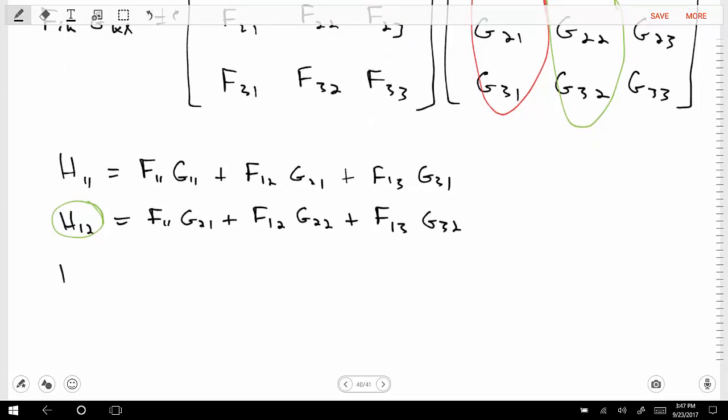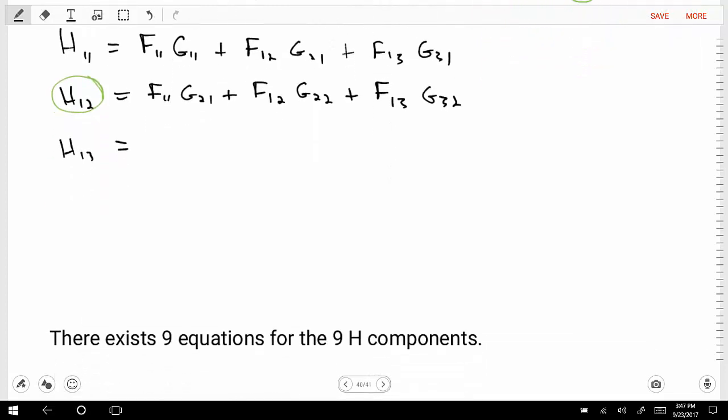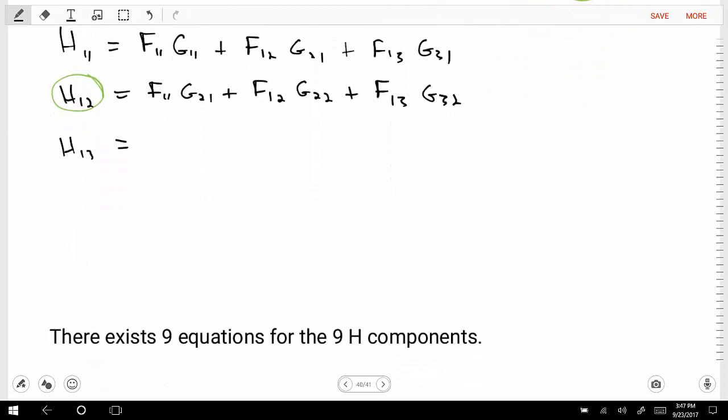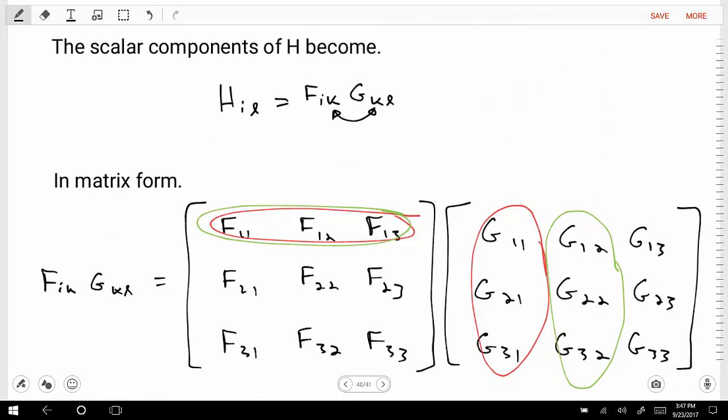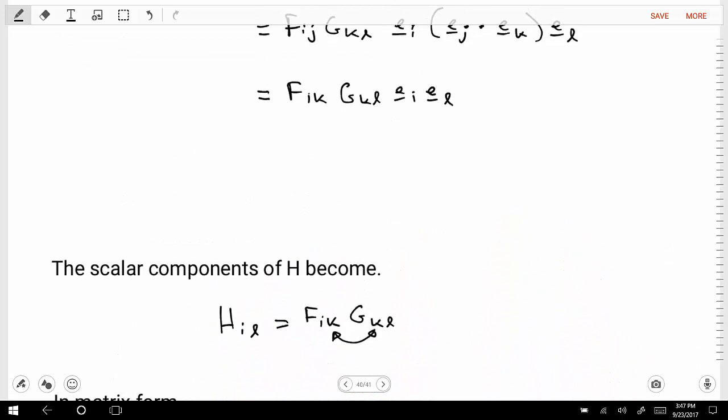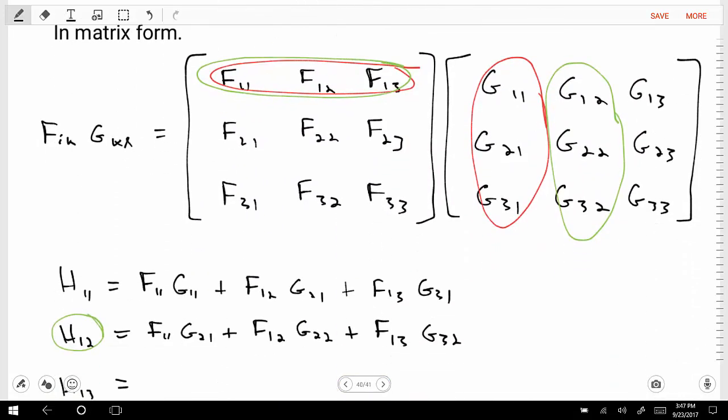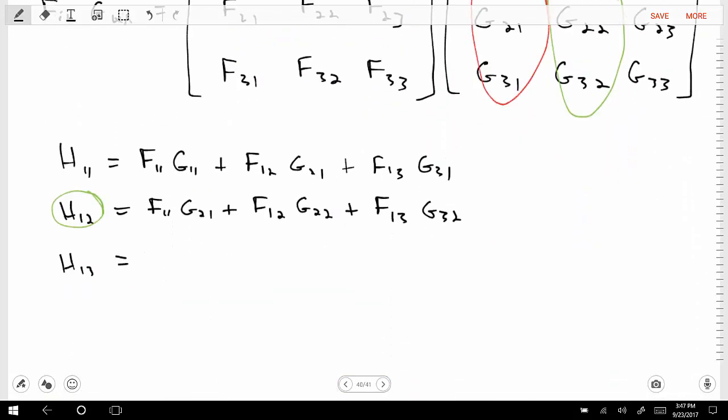And we can continue to repeat this process for the other terms of our H tensor, and in the end, there exist 9 equations for the 9 components, the 9 terms in that product tensor H. And so, simply by using the base vectors and identifying the proper indices, we can build up the product of these two tensors.